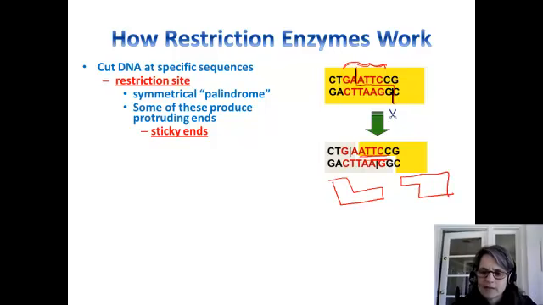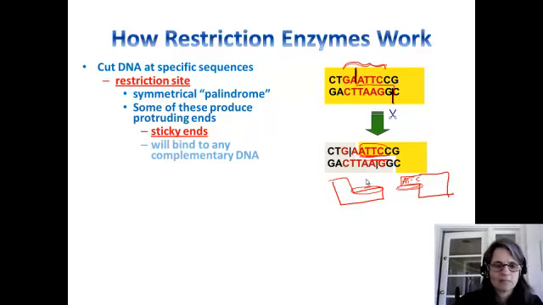Okay, so like this CTTA here would be ready to bond with its opposing nucleotides, as would this piece here. Maybe it's AATTC here. It would be ready to bond with the opposing nucleotides. They're sticky, they're exposed, they're ready to bond.